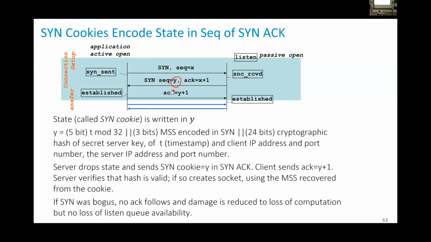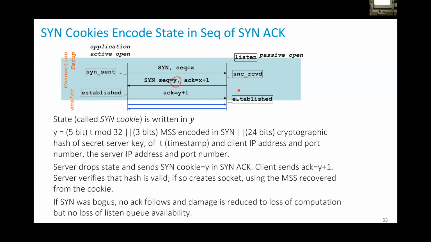So the hash that I mentioned before, the cookie that is sent back, is in fact in the form of the sequence number to be used for the reverse connection here. Now, if the source is legitimate and was intending to open a TCP connection with the server, the protocol says we ACK this SYN ACK by incrementing by 1 the field here. So in some sense, we are returning the cookie back to the server.